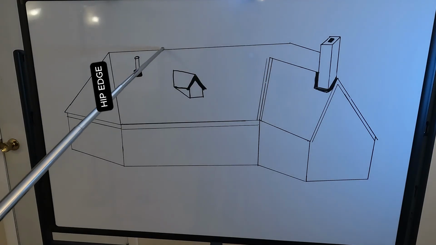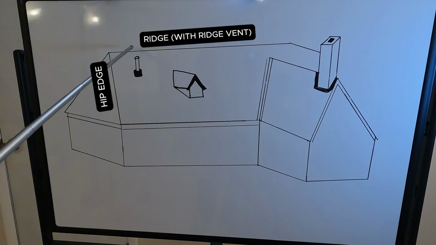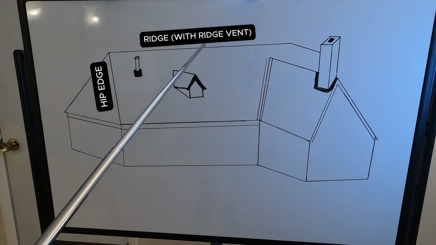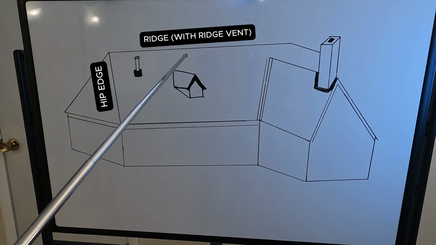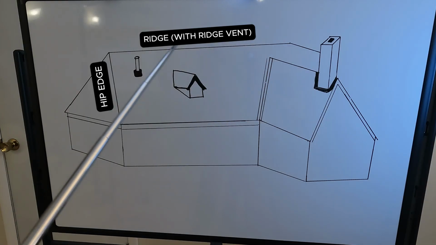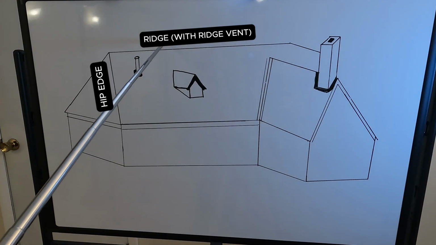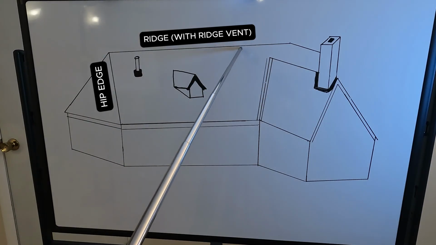Then up top right here, this is called a ridge. At the peak of your roof, that's your ridge. And now on your ridge, most houses have what's called a ridge cap. And that cap can either run the entire length of the roof, or in my case, on my house, it runs about from here to about here. So about half of my roof is ridge cap.